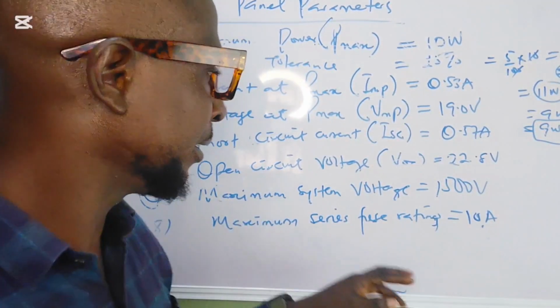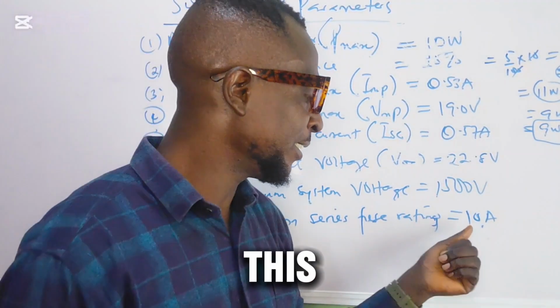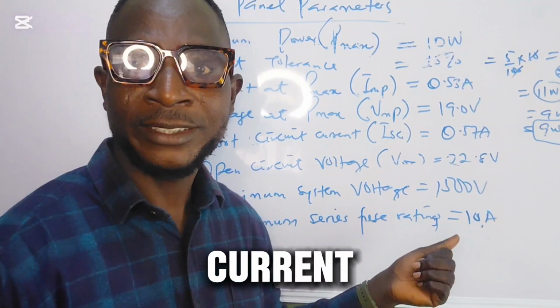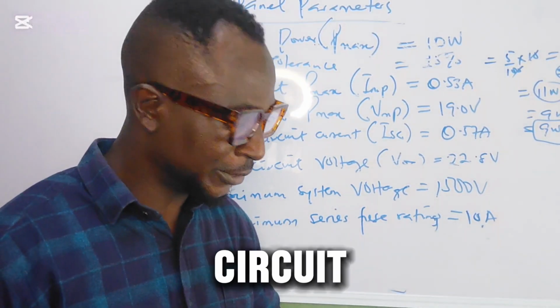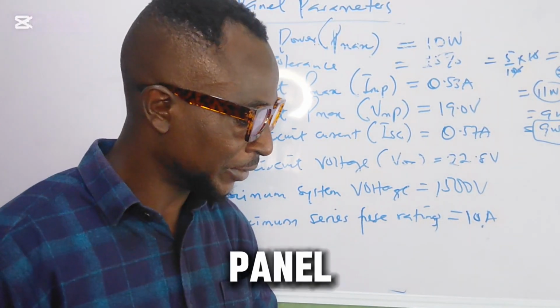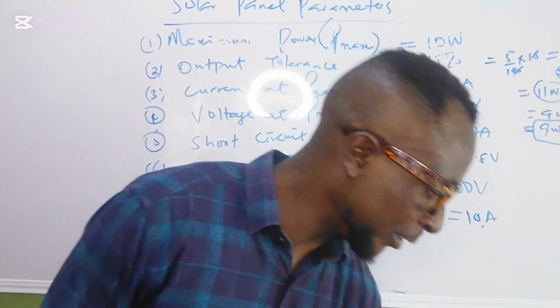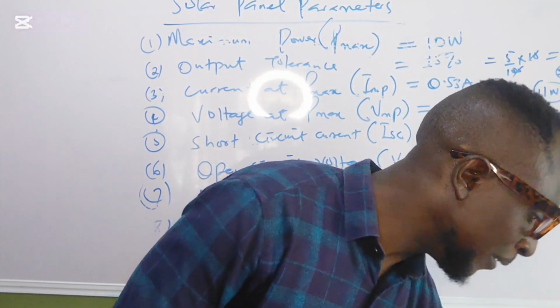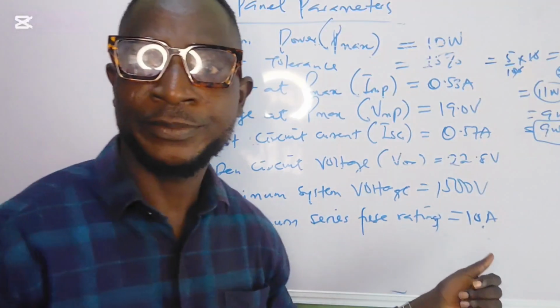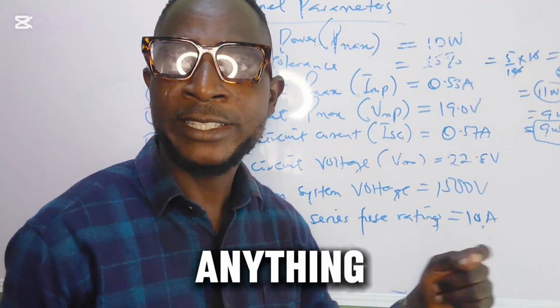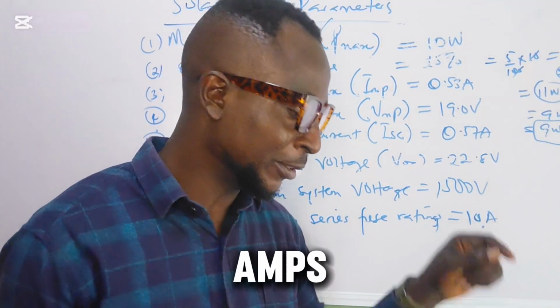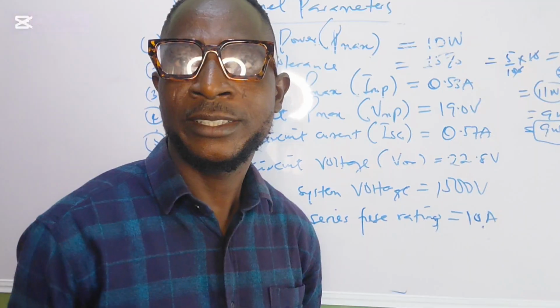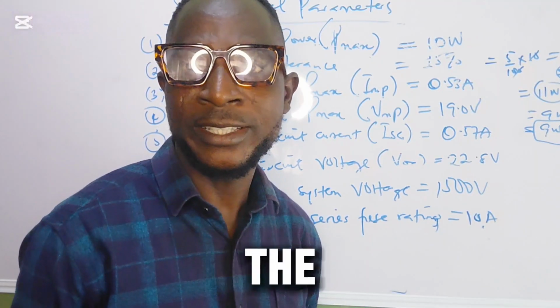What does this mean? It means this is the maximum current the circuit of your solar panel can take. This particular solar panel, the circuitry here cannot take more than 10 amps. If anything happens and more than 10 amps go into this, it can destroy the diode.